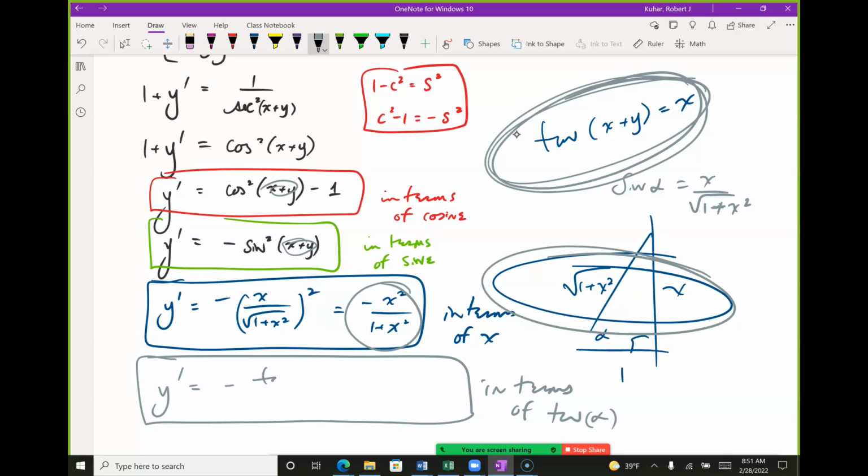So I get minus tangent squared of x plus y over 1 plus tangent squared of x plus y. Everywhere there's an x, I'm putting in a tangent. Can you explain it, please? So tangent is equal to x. If I have an x here, I need a tangent, or because it's x squared, I need tangent squared. So 1 plus x squared is 1 plus tangent squared. Okay, I get it.